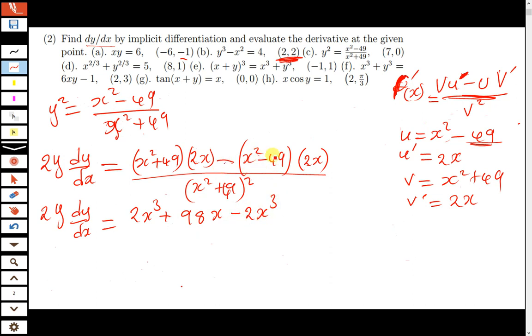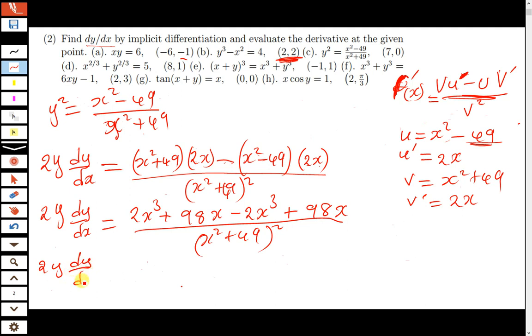Then negative times negative 49 times 2x, we're getting positive 98x. So this is what we're going to get. Then everything divided by x squared plus 49 squared.